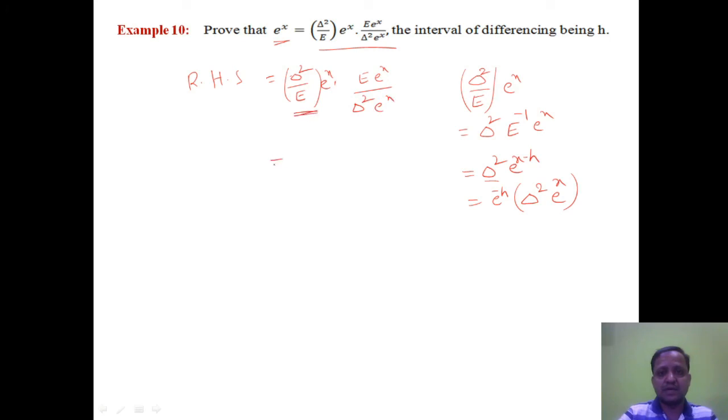This part we can replace with e power minus h delta square e power x by delta square e power x. Cancel out. Remaining is e power minus h times E of e power x. It is nothing but the shift operator. It will shift to the next position, that is x plus h. So e power, we can add x plus h minus h. It will become e power x, right?